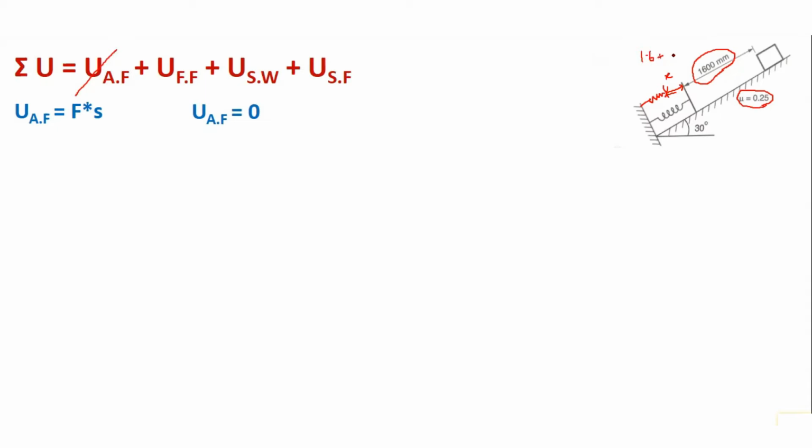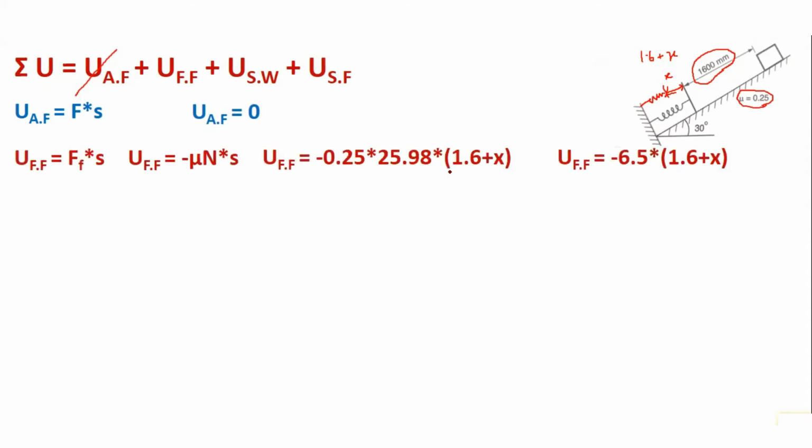Most of the students make a mistake here. They write s directly as 1600, but it will be 1600 plus the deflection of the spring. So substituting all the values, I will get the work done by friction as minus 6.5 into (1.6 plus x).